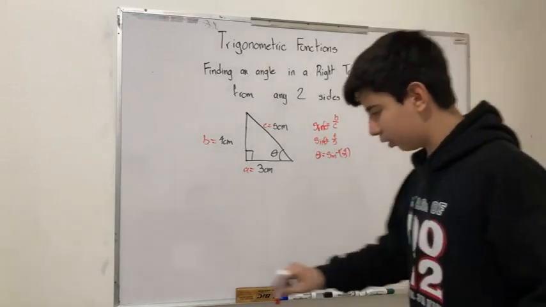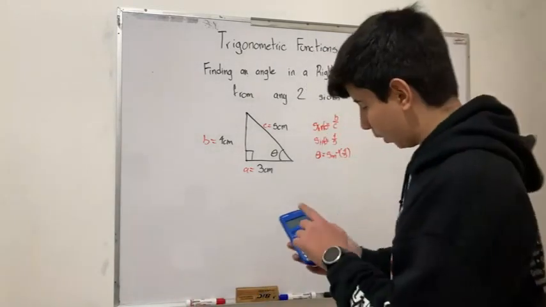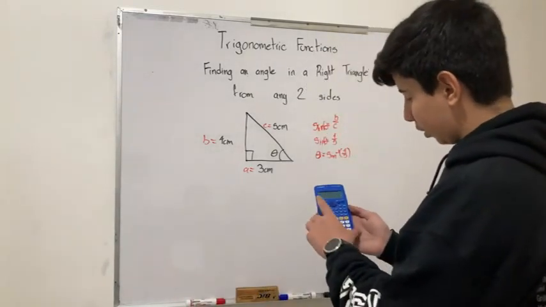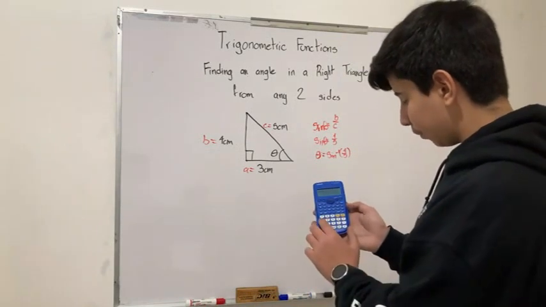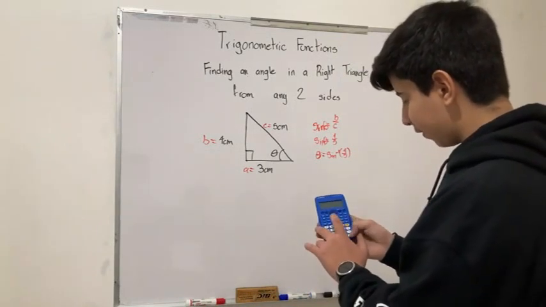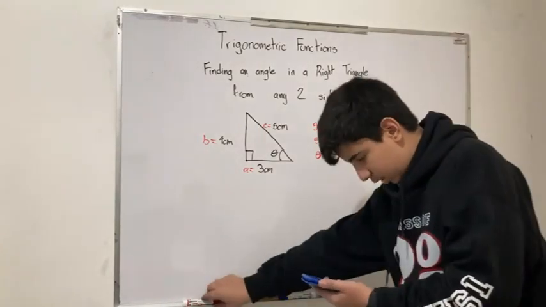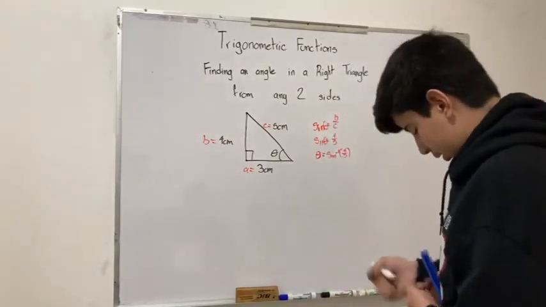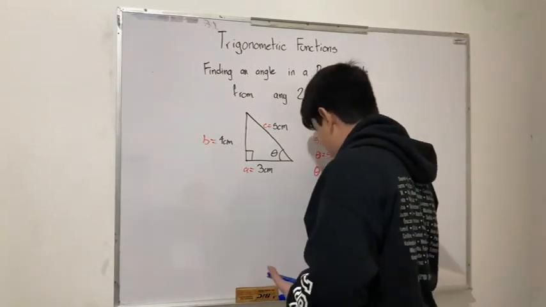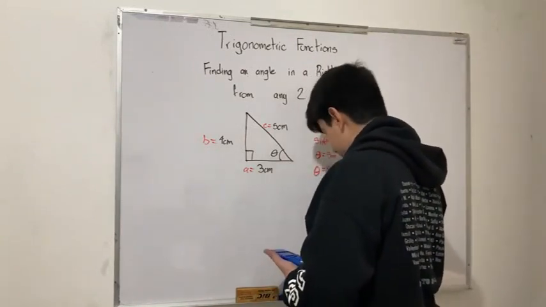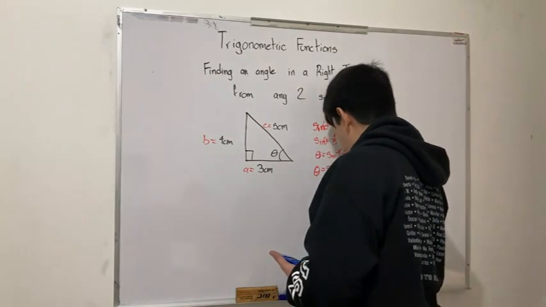Now this looks a little complicated, but thanks to God we have our calculator. We only enter sin minus 1 of 4 divided by 5, and it should give us the answer, which in this case is theta equal to 53.13 degrees.